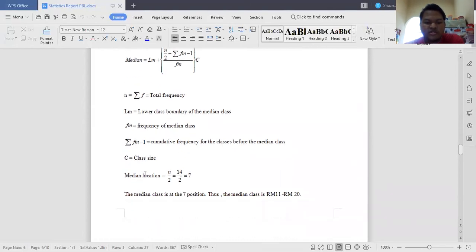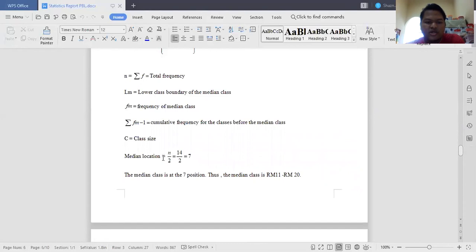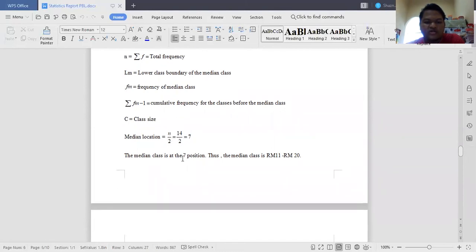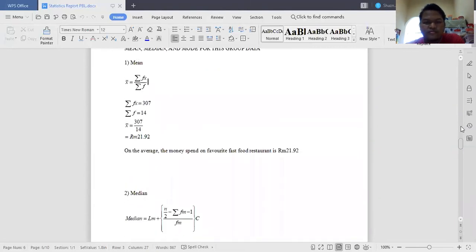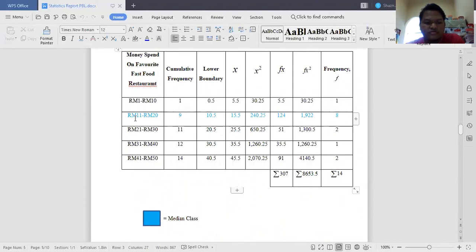For the median location, we calculate n over 2. So 14 over 2 equals 7. So the median class is at the 7th position. Thus the median class is 11 ringgit to 20 ringgit.